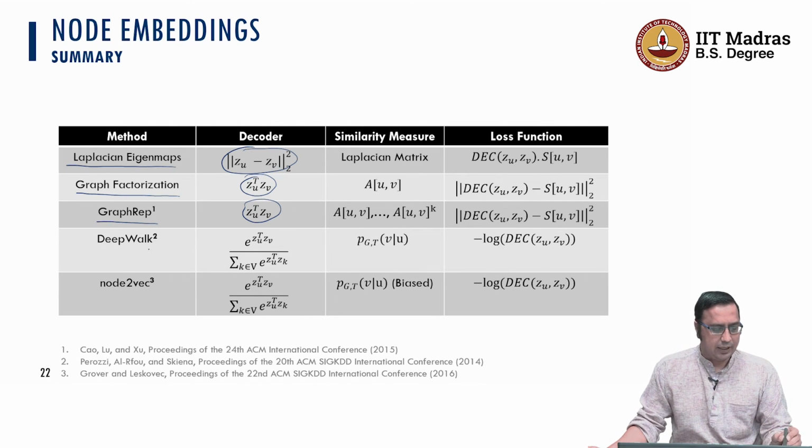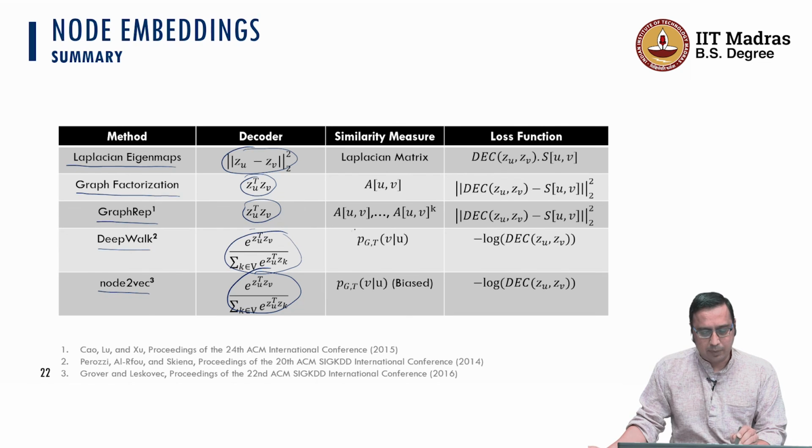Here again we can see in DeepWalk and node2vec, the decoder has the same kind of structure, which is the softmax probability of co-occurrence used for the decoder.